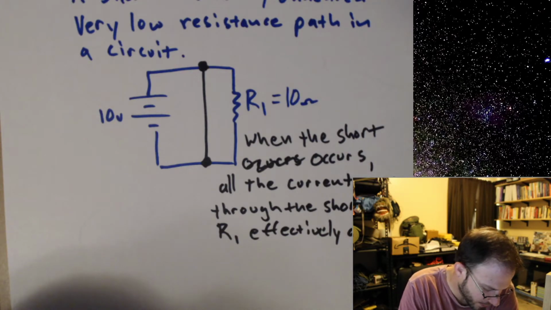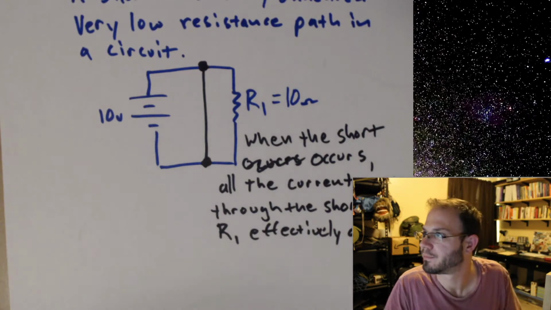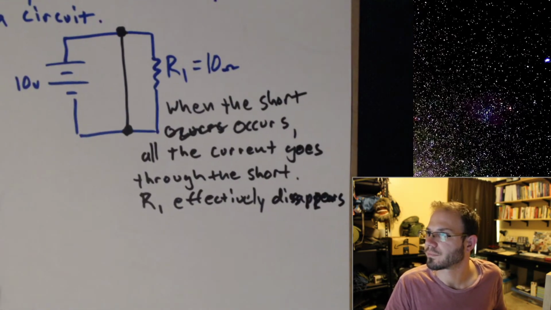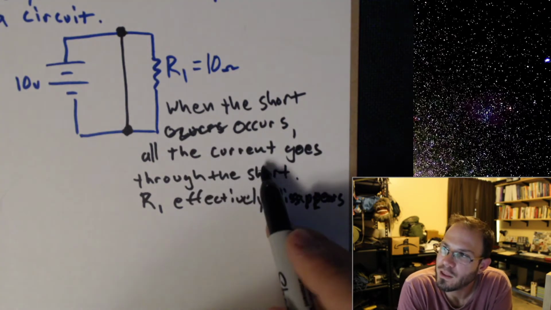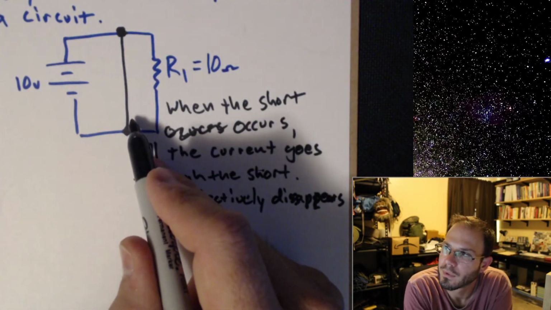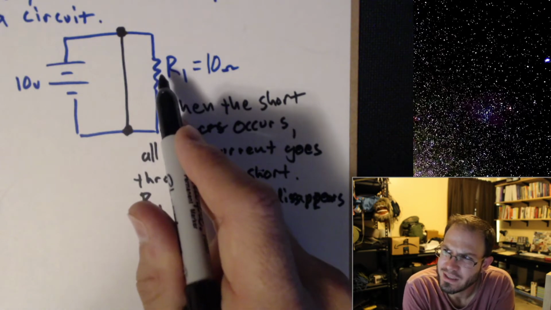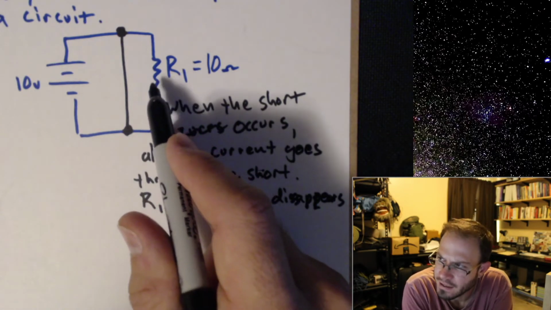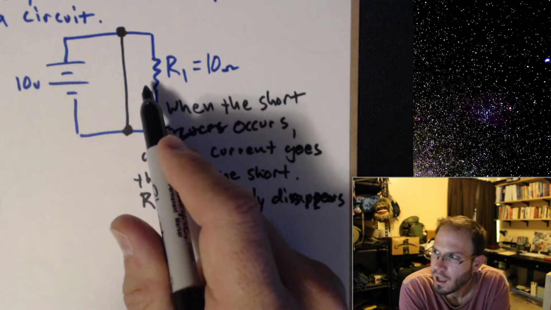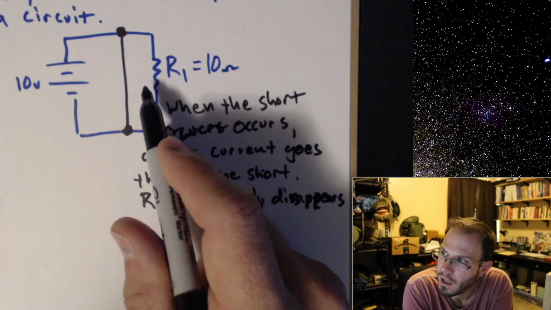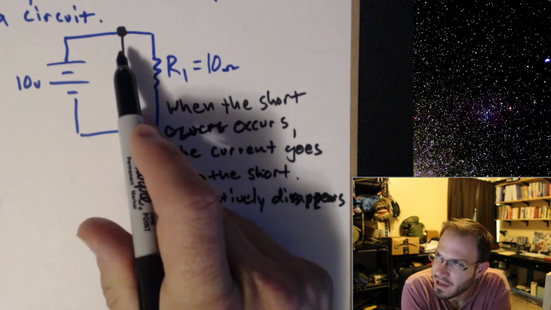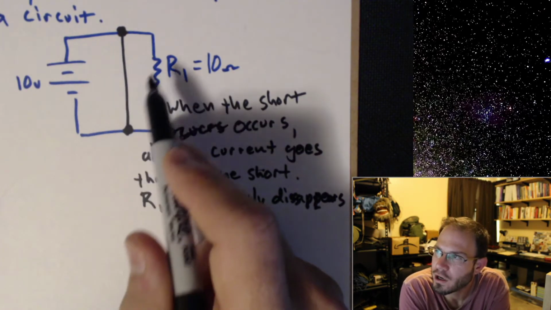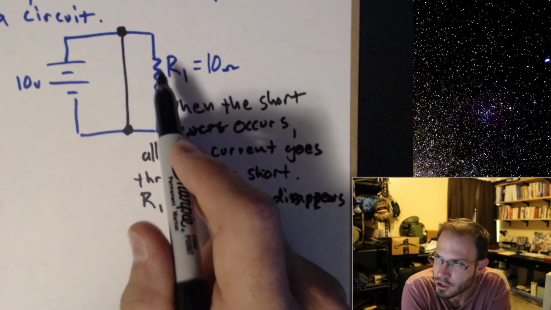I just can't spell today. Disappears. Okay, so when the short occurs, all the current ends up going through this short. And effectively, this resistor disappears. In fact, a short will effectively remove any component from a circuit. Now, the caveat is it'll remove whatever is in parallel with the short.